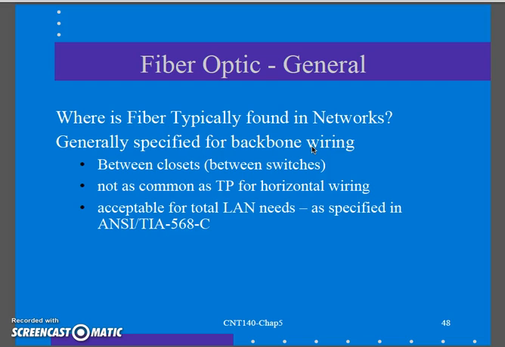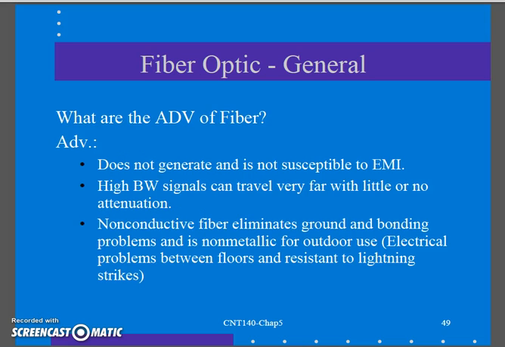It's probably going to be the backbone connection, and that is the connections between my closets. It's not very common for horizontal wiring, but for backbone wiring, I would find it. Now, it is acceptable for use in my LAN for horizontal if I want, or backbone. I can use it for either one, but I'm typically going to find it as backbone cabling in my building, between my closets, if you will.